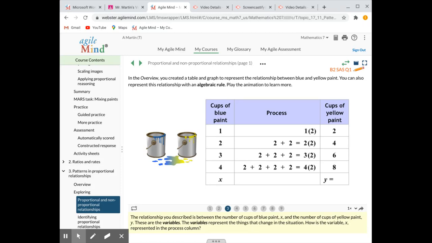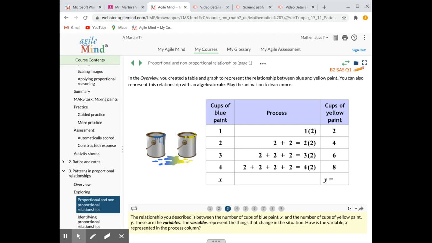All right. So, who thinks they can come up with a way to write an algebraic rule to solve this? What could we say? What would y be equal to? The cups of yellow paint. Correct. But what could we say to find how many cups of yellow paint we would need?